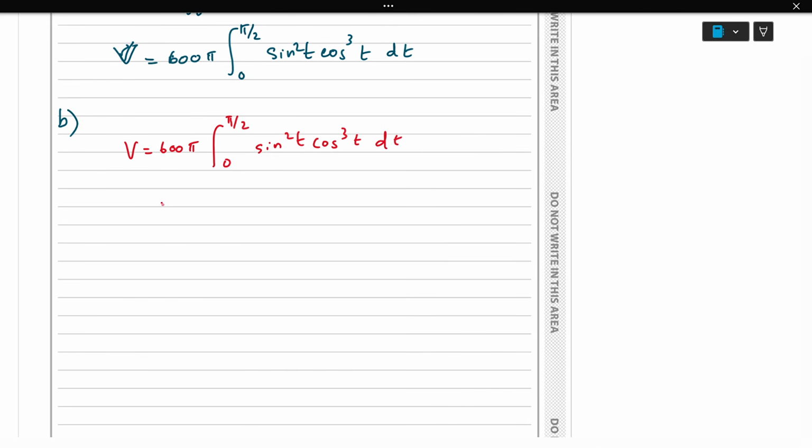Cos cubed t we can write as cos squared t into cos t.